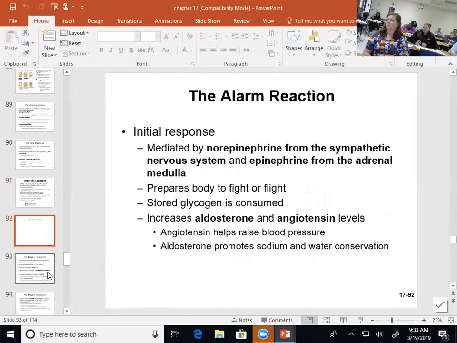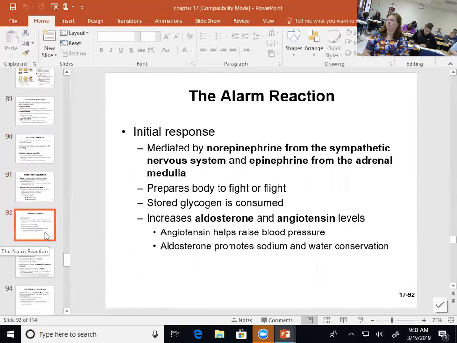And so we had talked about this. Now, I did want you to know that sometimes when we talk about the alarm reaction, when people are out of homeostasis, we said homeostasis could be defined as health, didn't we? Balance, staying within normal ranges. That's what we said homeostasis is.